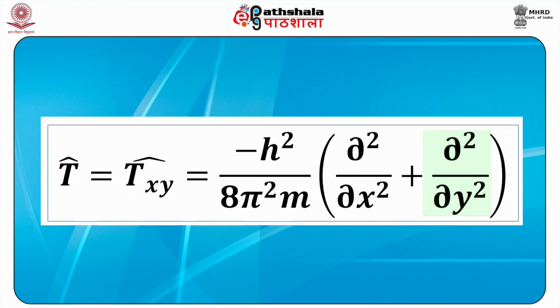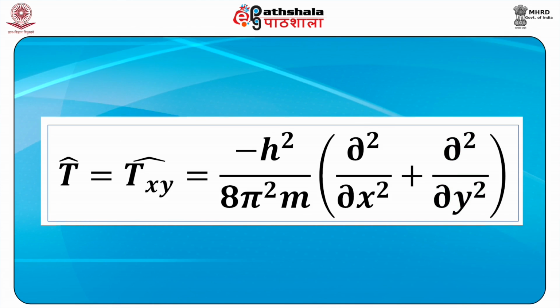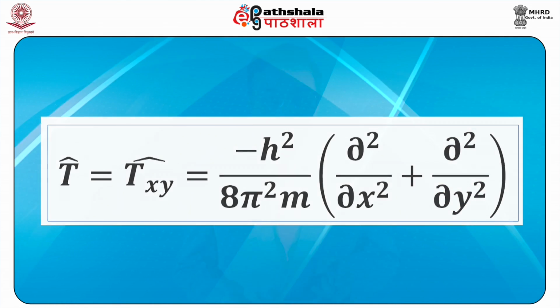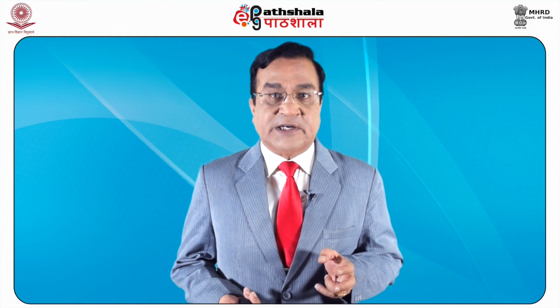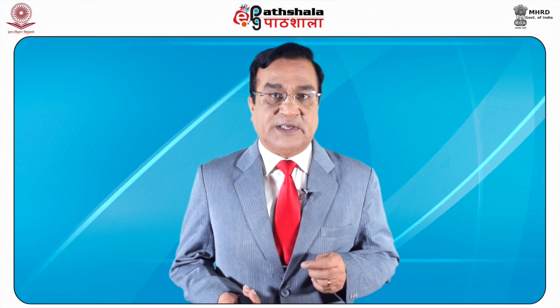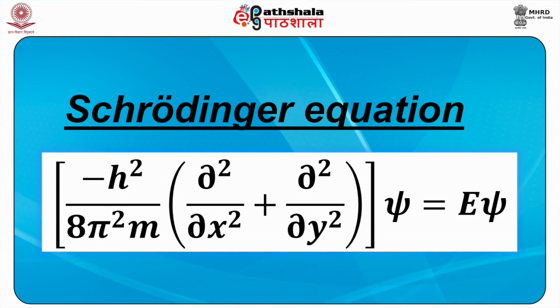So it becomes minus h square upon 8 pi square m, del 2 by del x2 plus del 2 by del y2 in parentheses. So this is the corresponding kinetic energy operator, and when it operates on psi, we get corresponding E psi. So this is the Schrödinger equation for a particle of mass m moving in xy plane.